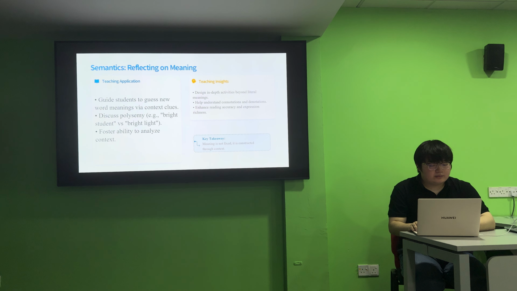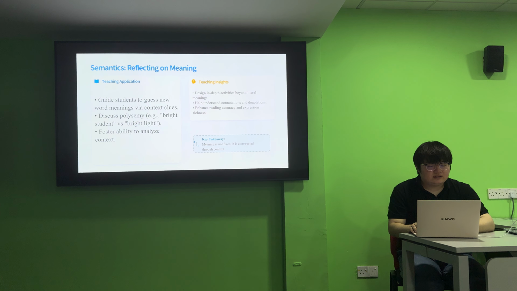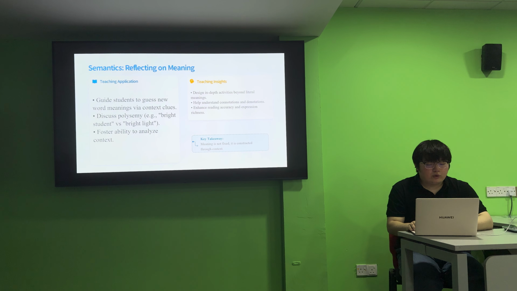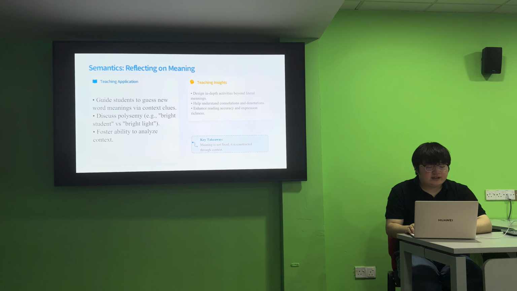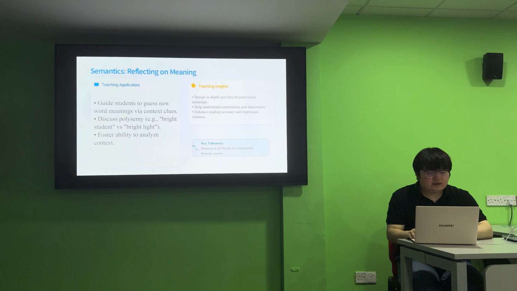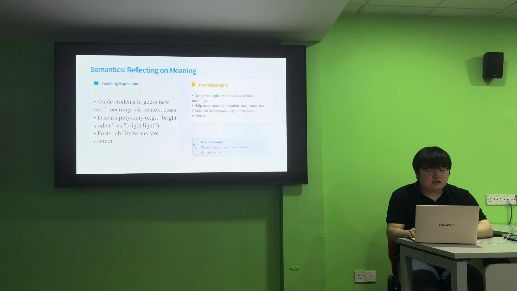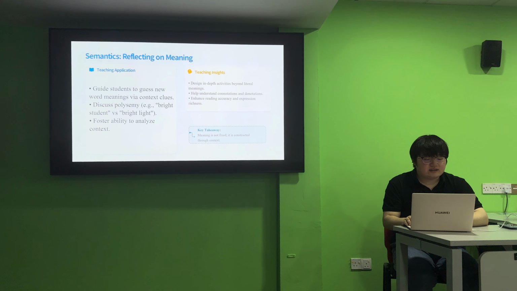This practice helps students move beyond the literal meaning of words, thereby improving the accuracy of their reading comprehension and the richness of their language expression.